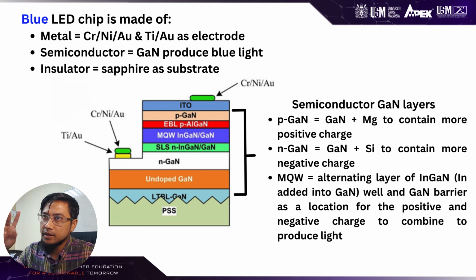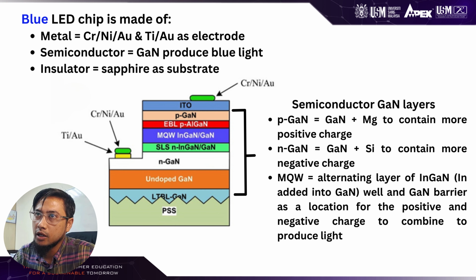And in between the sapphire and the metals, we have semiconductor material. This particular semiconductor material is a synthetic, man-made semiconductor called gallium nitride. It is not found in nature, and it has been made to give out blue light.